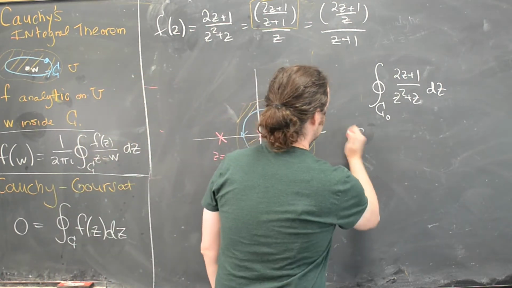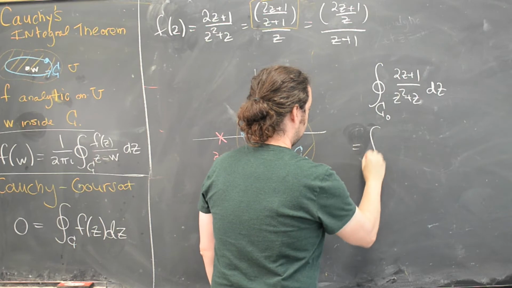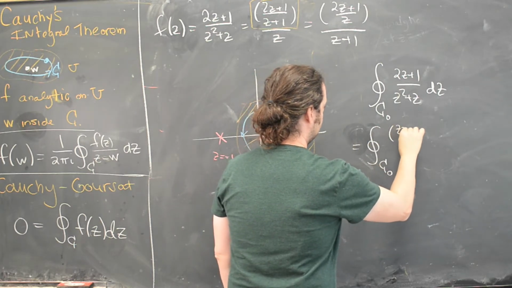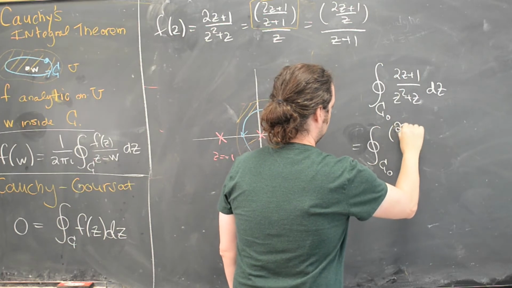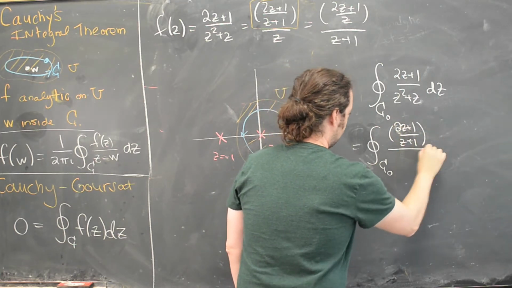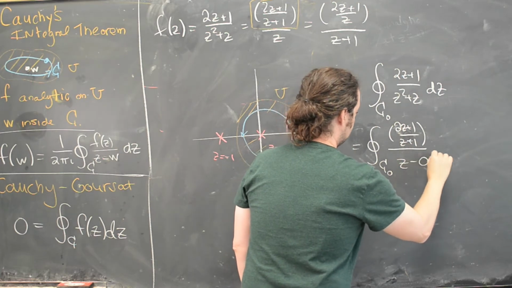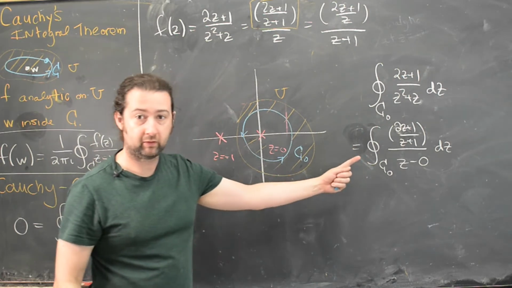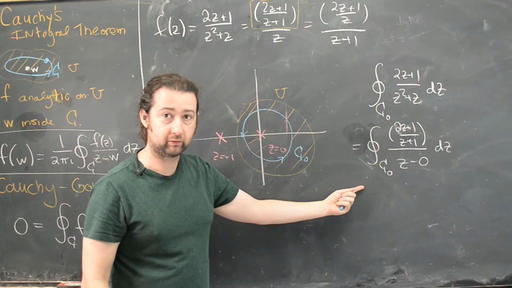So this is equal to the integral on C0 of the function (2z + 1) over (z + 1), times 1 over (z minus w, or 0), dz. This is just algebra. I've done nothing here. This function and this function are the same.